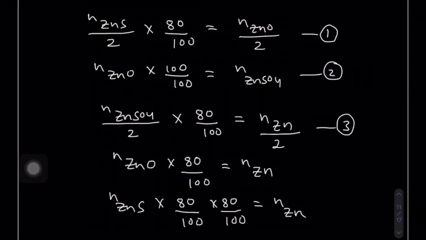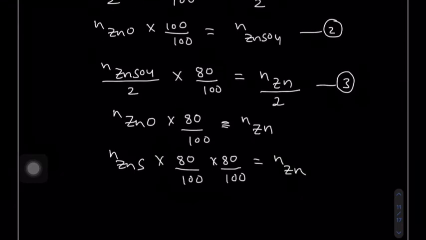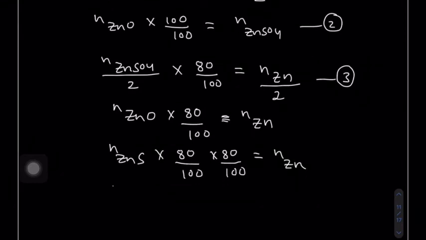Now from these 3 equations I am writing: number of moles of ZnO into 80% is equal to number of moles of Zn, and number of moles of ZnS into 80% into 80% is equal to number of moles of Zn.